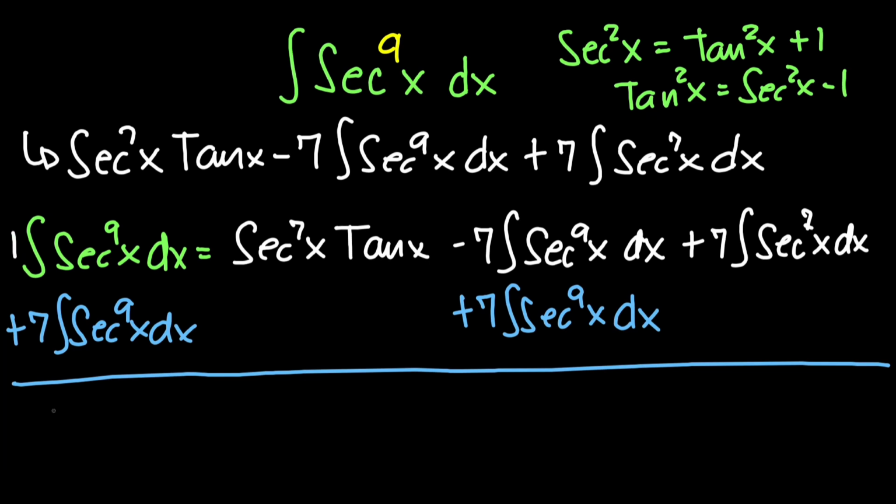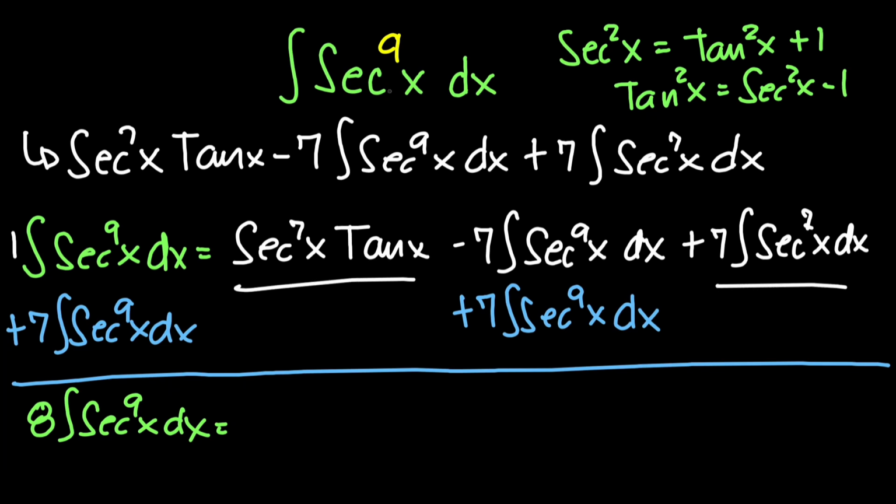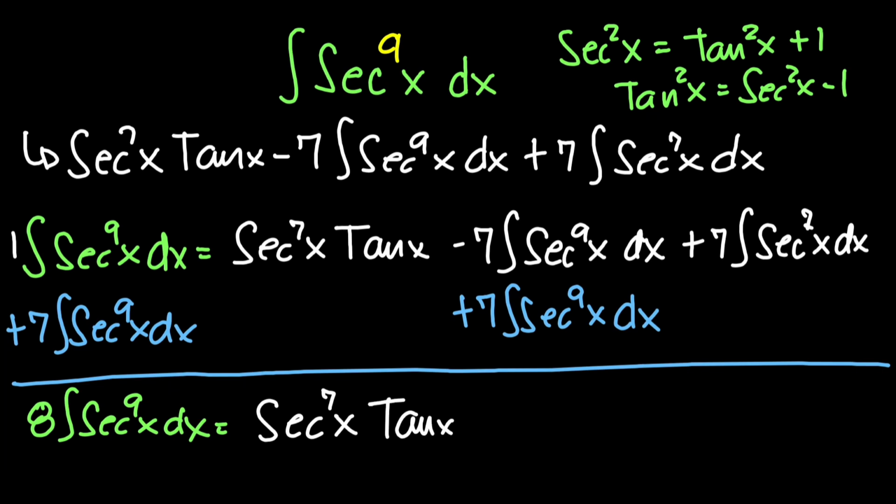So 1 plus 7 would be 8 integral of secant to the power 9 of x. Be equal to, just bring down these two values first. And for this one, negative 7 plus 7 would be equal to 0, so it would be cancelled out.